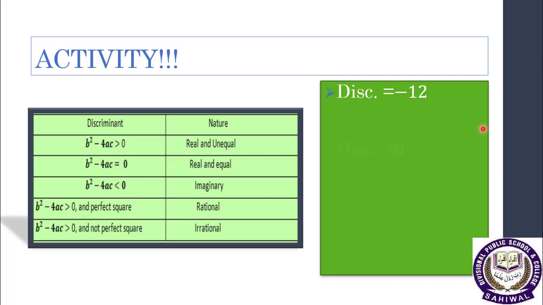If the discriminant is equal to 0, then the roots are real and equal. In this case, the real numbers represent rational numbers. If the discriminant is 33, since 33 is a positive number, the roots are real and unequal, and 33 is not a perfect square, so the roots are irrational and unequal.